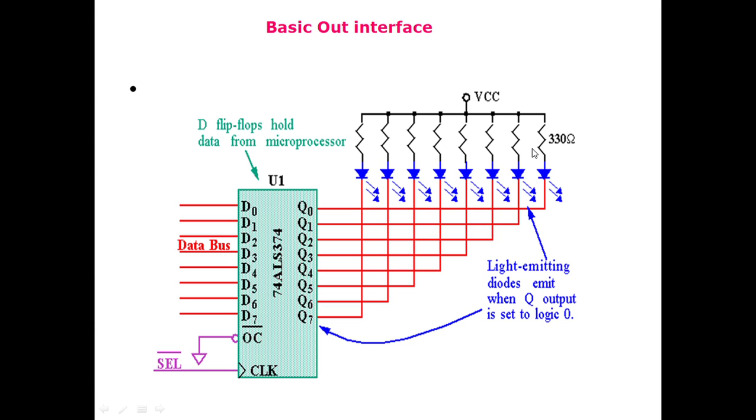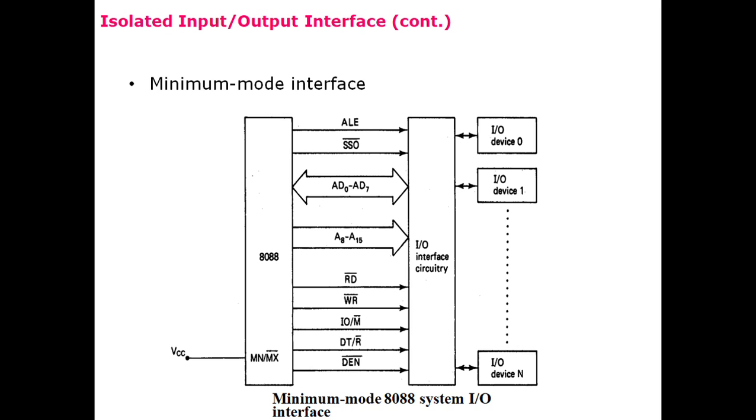So the data is coming from the microprocessor, and the data is being sent to this output device using an output instruction. This is a simple block diagram of how the 8088 microprocessor in the minimum mode can be connected to a number of input and output devices. Here we have input and output control signals, the multiplexed data and address buses, other address buses, and some control signals.